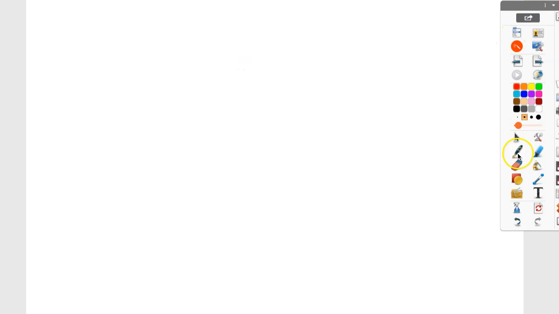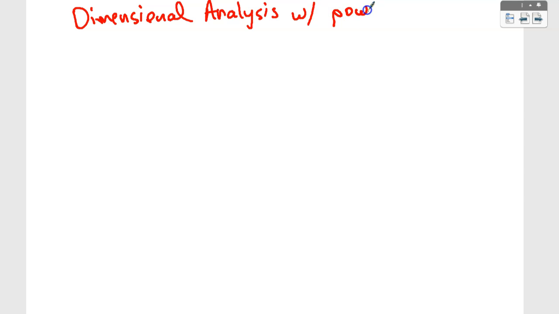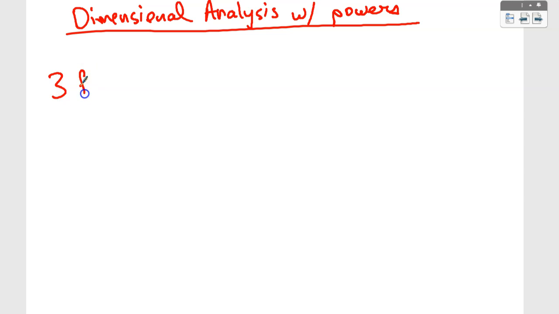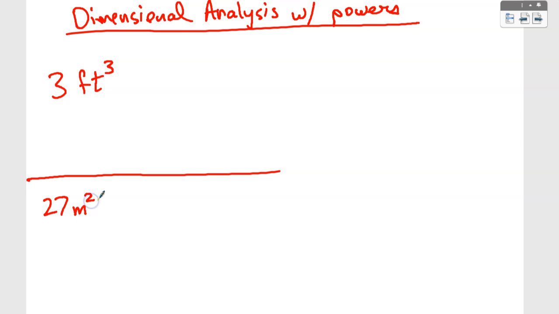Dimensional analysis if some of the units are squared or cubed. So something like 3 feet cubed, that's a volume, or something like 27 meters squared, like an area.